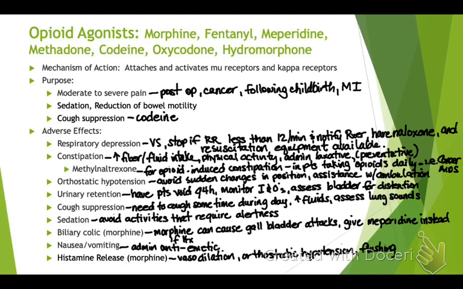Again, withdrawal symptoms in longer-acting opioids usually do not appear for 24 hours after discontinuing the opioid, and they may be milder. So you will get a milder withdrawal from the long-acting opioids than from the shorter-acting opioids.